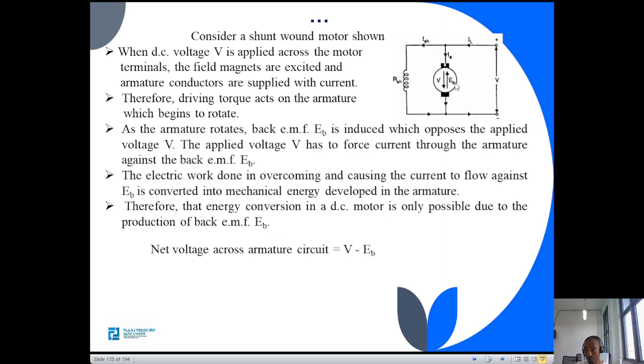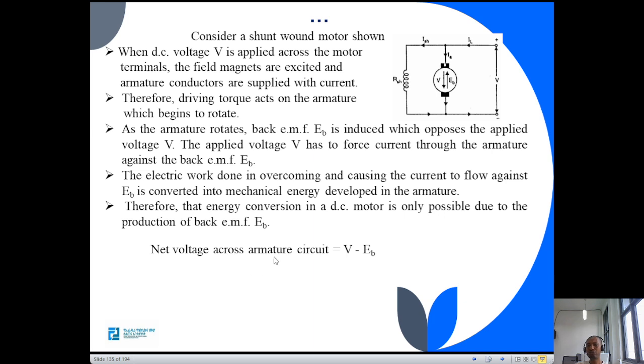If we don't have back EMF, that energy conversion will not happen. There is no opposition between V and EB. So EB is required for the work to get done. That work done is the one which is producing the mechanical energy conversion.